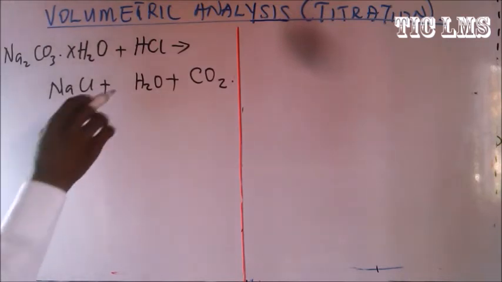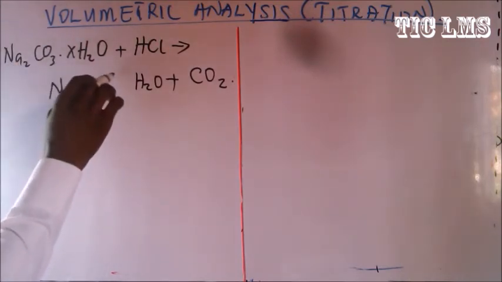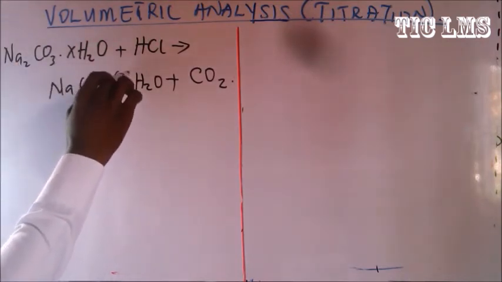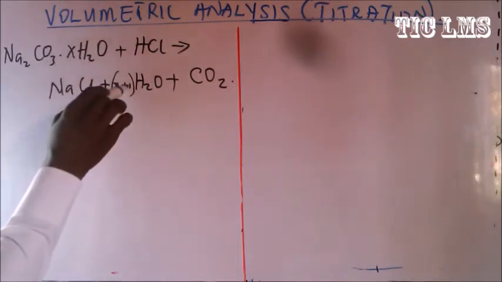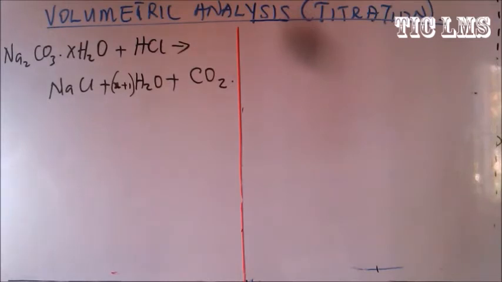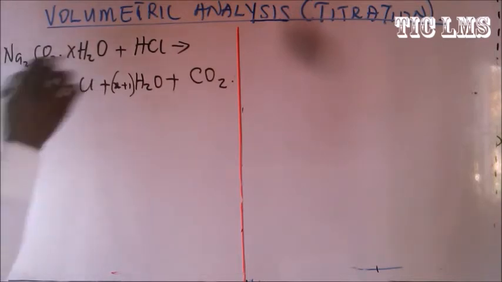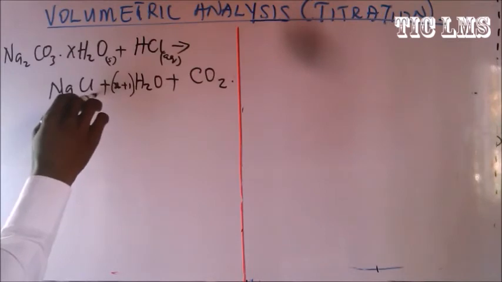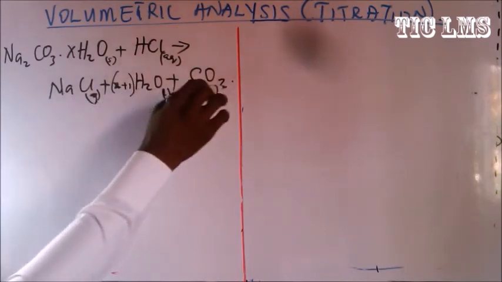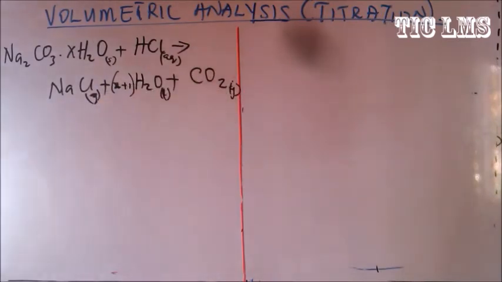Now we do not know how many waters of crystallization, and so we have X plus 1, meaning that any number we have here plus 1 will give us the number of moles of water that was produced. And so we have this is a solid, this is aqueous, this is aqueous, this is liquid, and this is a gas. So that is the first part of the question.